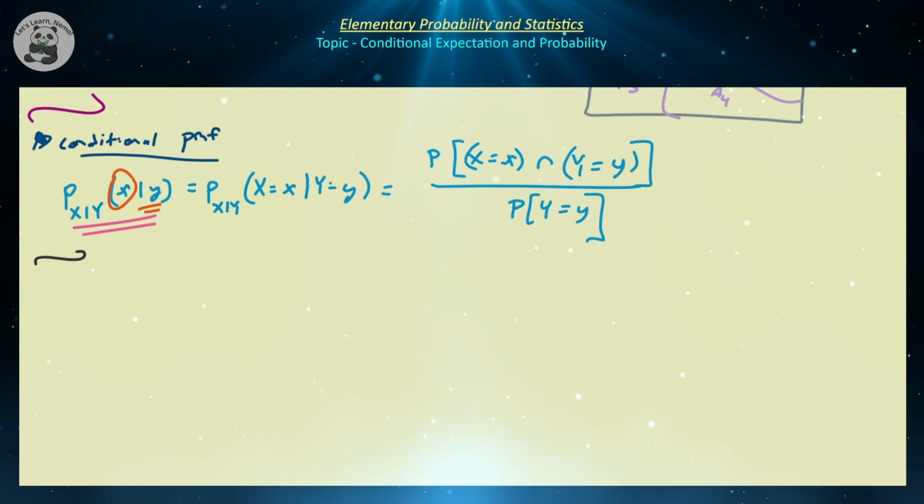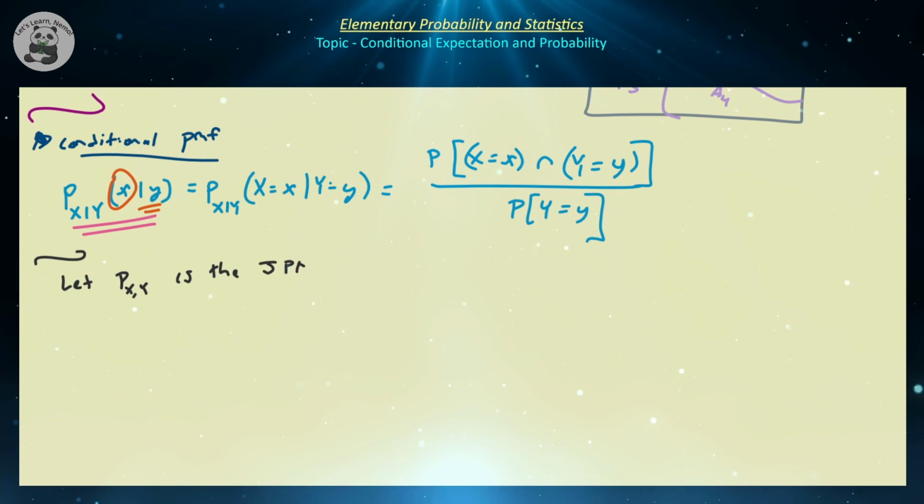Now, we can represent this from the perspective of marginal and joint probability mass functions. So let's assume that p subscript X comma Y is the joint probability mass function for X and Y, both discrete random variables.